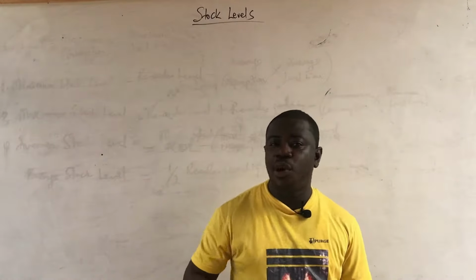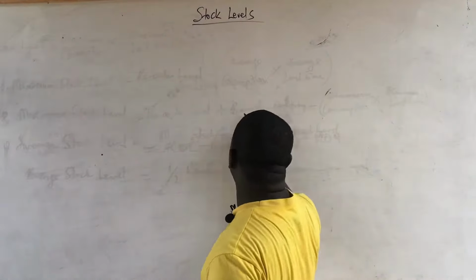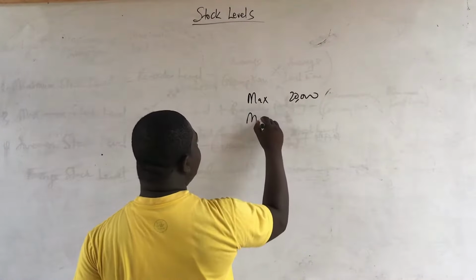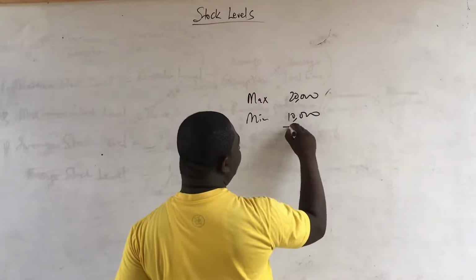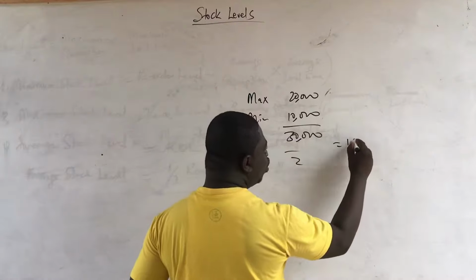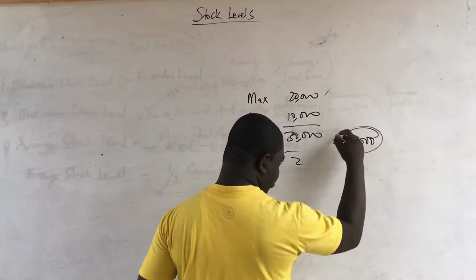There are some questions where, even though your maximum is 20,000 and your minimum is 10,000, so if you add it, you have 30,000. You know that if you divide 30,000 by 2, your average should be 15,000.